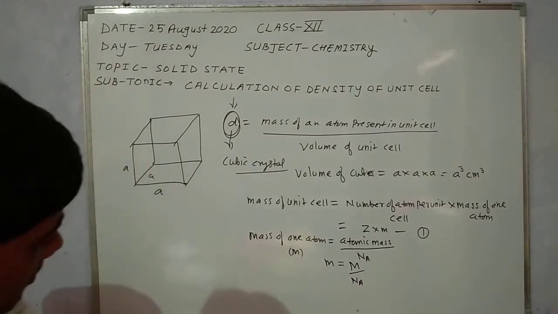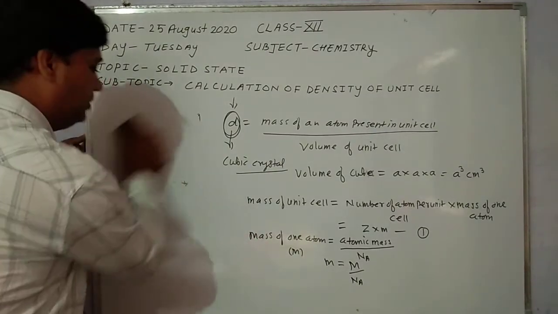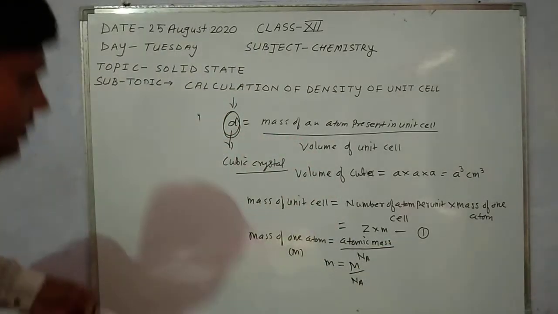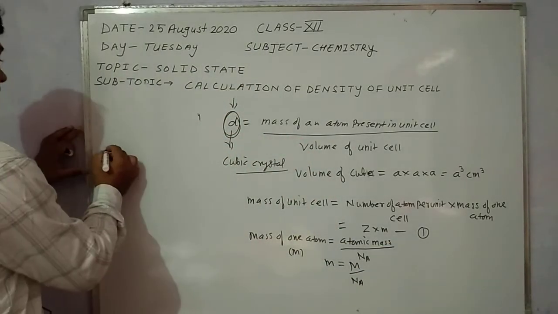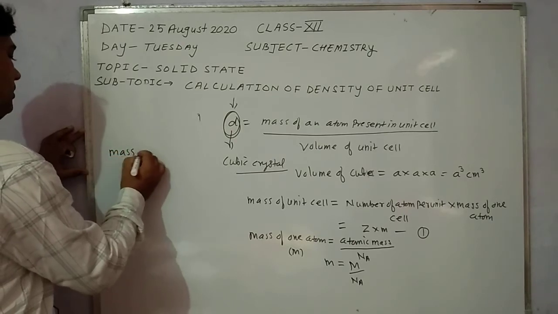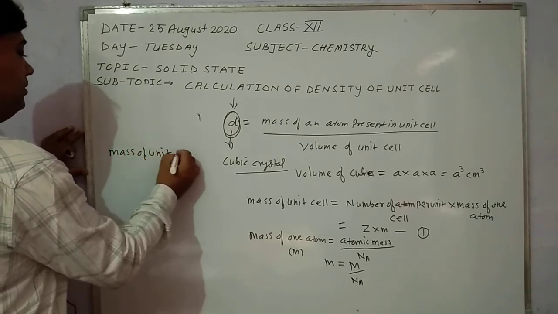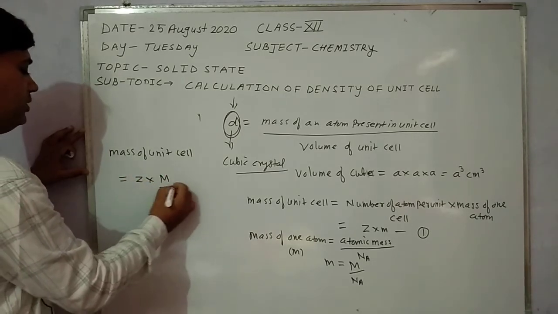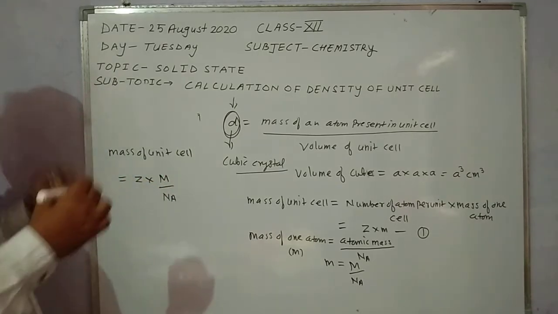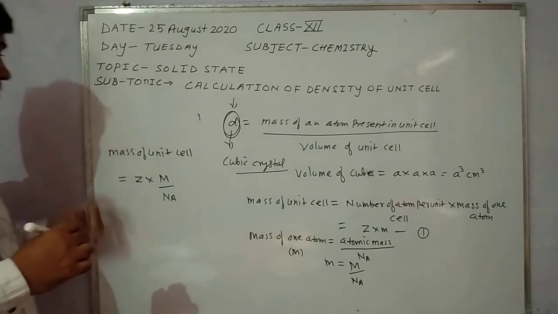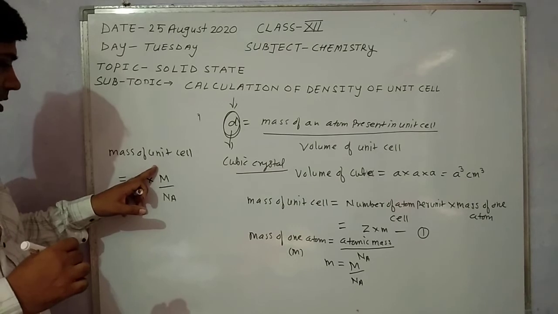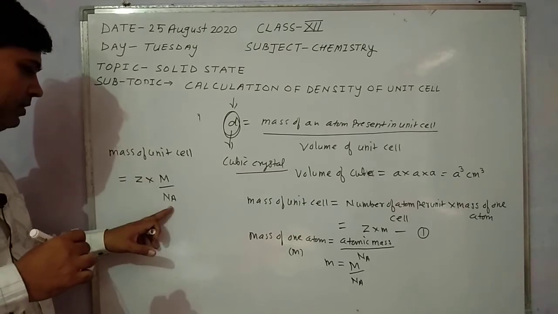So we can put the value of small m in equation 1. We get mass of unit cell is equal to Z into M by Na. Okay, so mass of unit cell is equal to Z into atomic mass divided by Na.